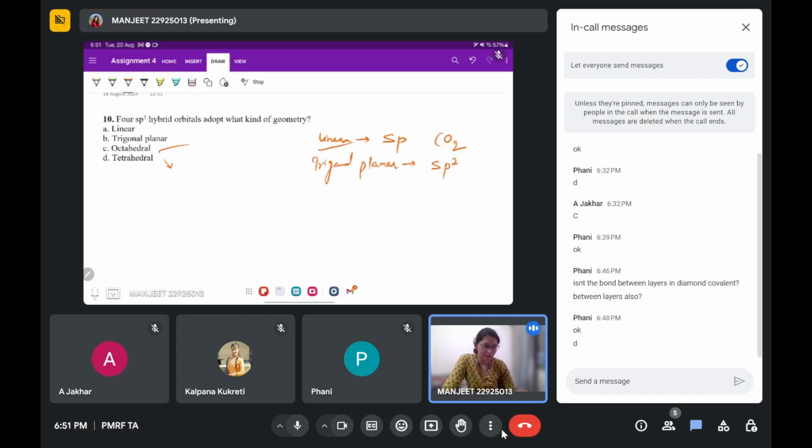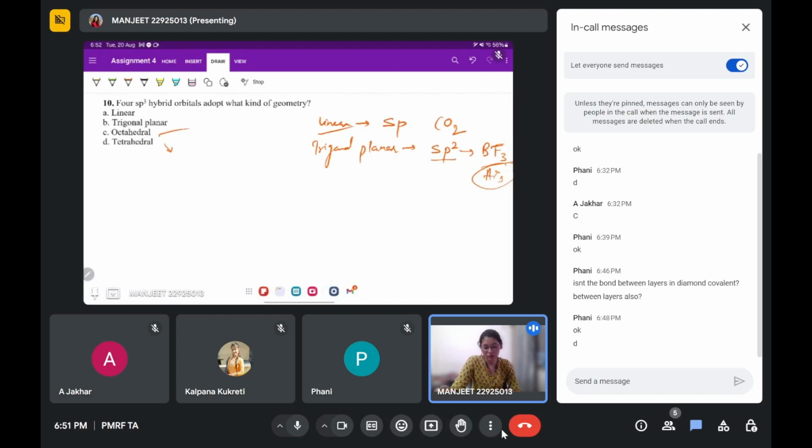The example would be BF3, not methane, that is the tetrahedral one. The trigonal planar one exists in the AX3 form and has sp2 hybrid orbitals. Next one is the octahedral one.